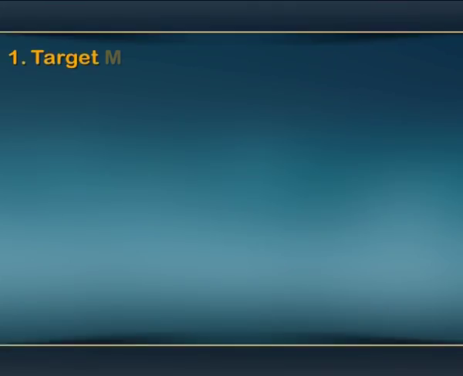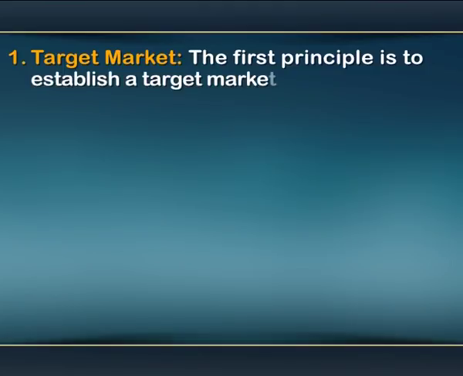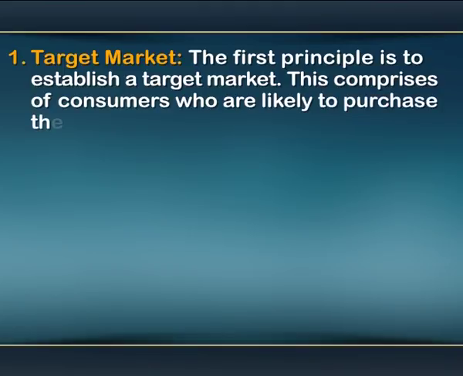Principles of strategic marketing. Principles of strategic marketing are the guidelines to introduce and market the product and services. First, target market. The first principle is to establish a target market. This comprises consumers who are likely to purchase the particular product.